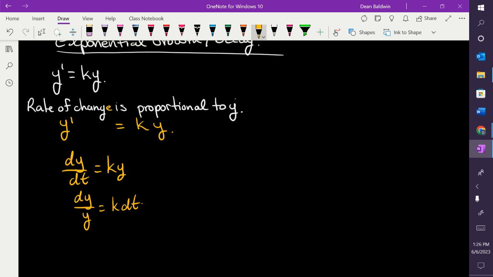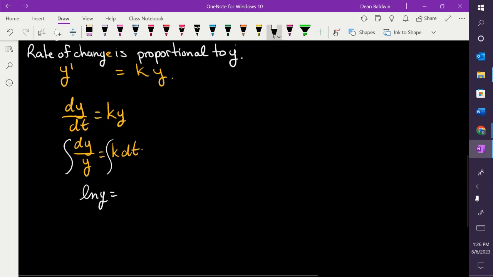All right, what do I do now? Integrate. What's the integral of dy over y? What's the integral of k dt? k is a constant. What's the variable?